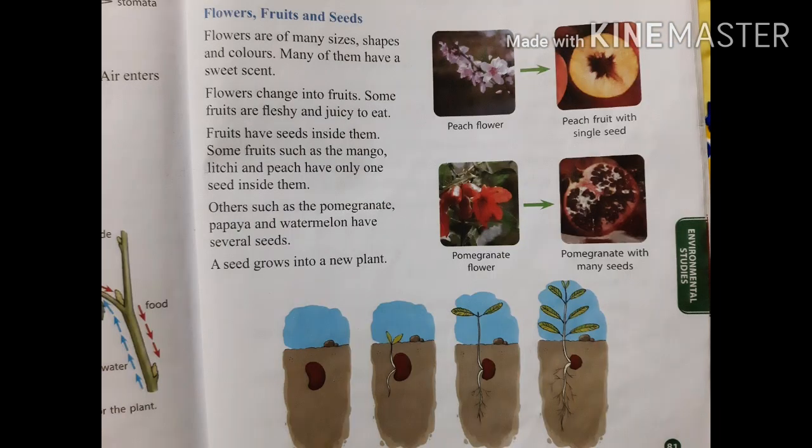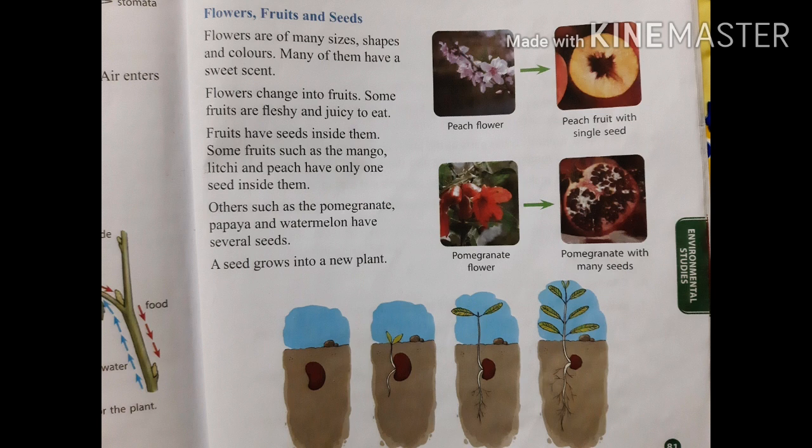Flowers, fruits and seeds. Flowers are of many sizes, shapes and colors. Many of them have a sweet scent. Flowers change into fruits. Some fruits are fleshy and juicy to eat. Fruits have seeds inside them. Some fruits such as the mango, lychee and peach have only one seed inside them.